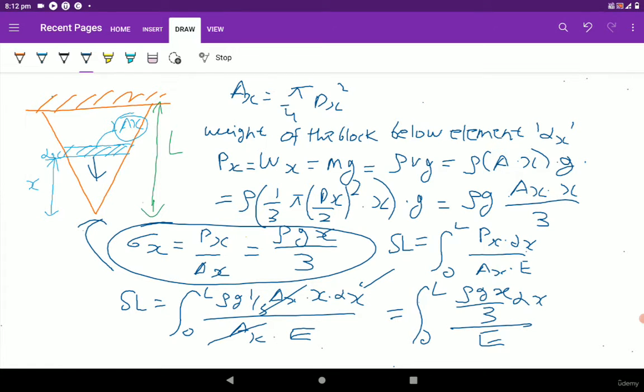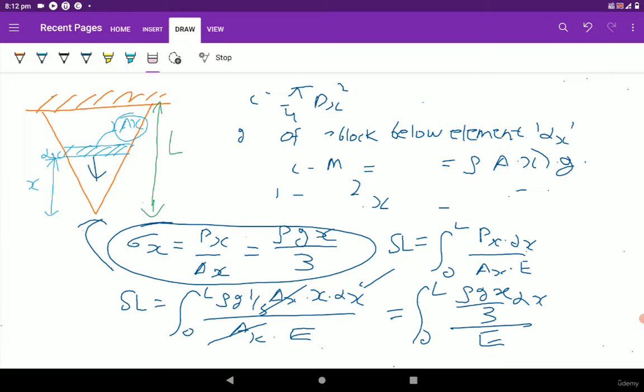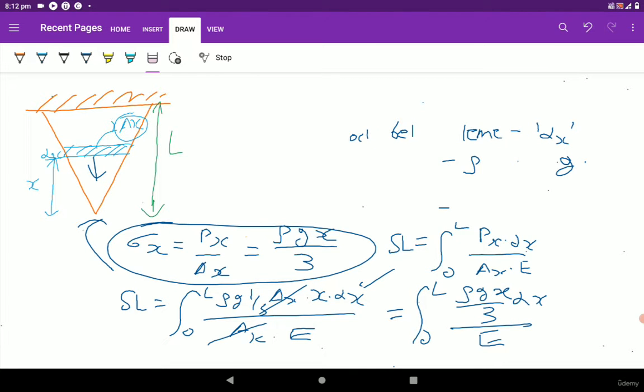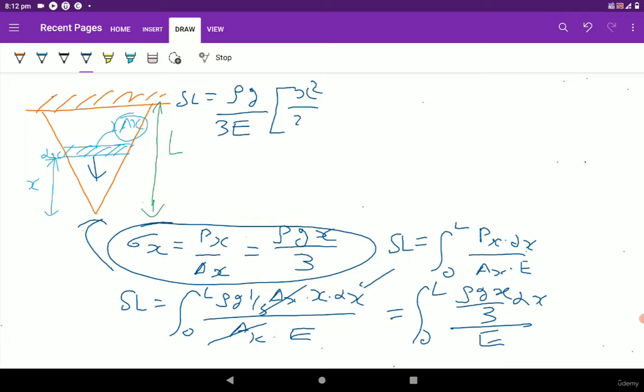After further simplification, let me clear this. After solving, we get delta L is equal to rho g upon 3E times x square by 2 from 0 to L. Let's further simplify it.